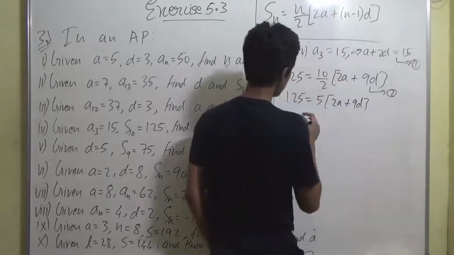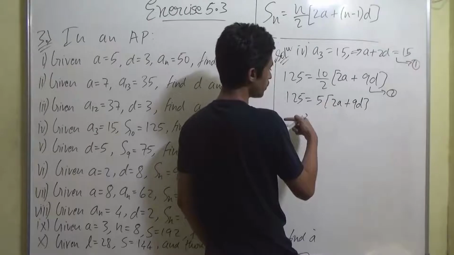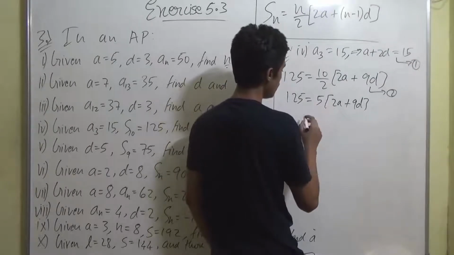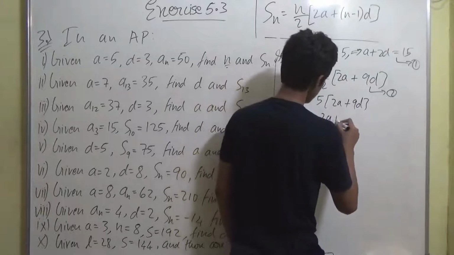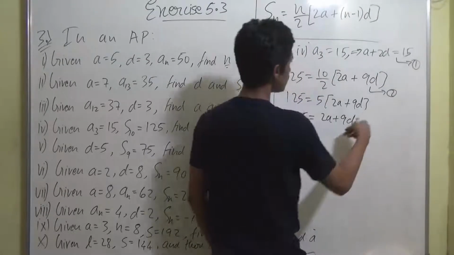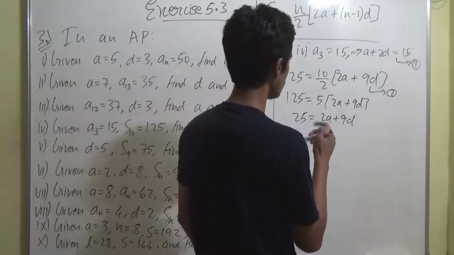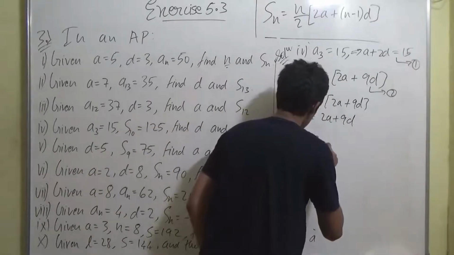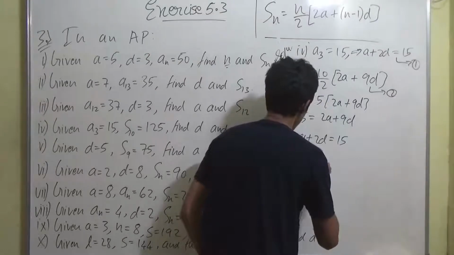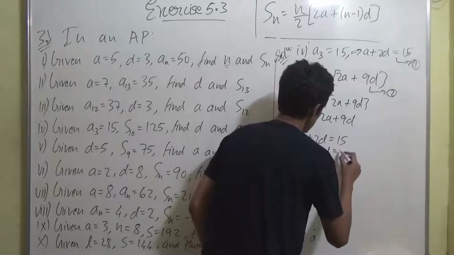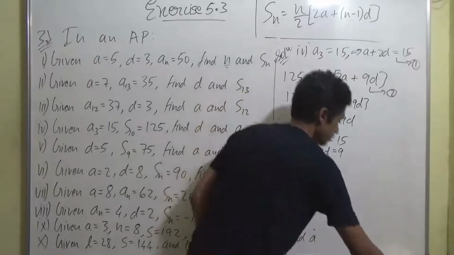If I bring 5 to the LHS, it becomes 125 by 5, which is 25, equal to 2a plus 9d. Now these two are the equations, guys: a plus 2d equal to 15 and 2a plus 9d equal to 25.